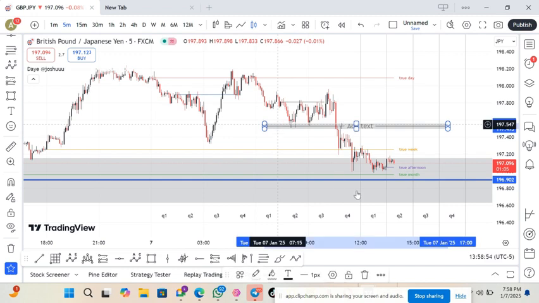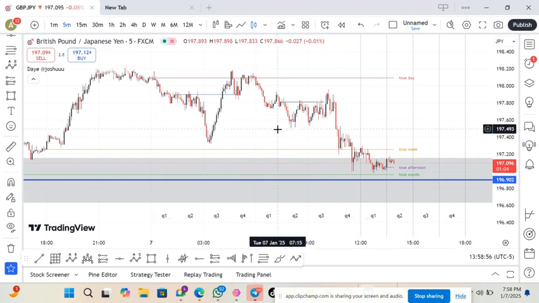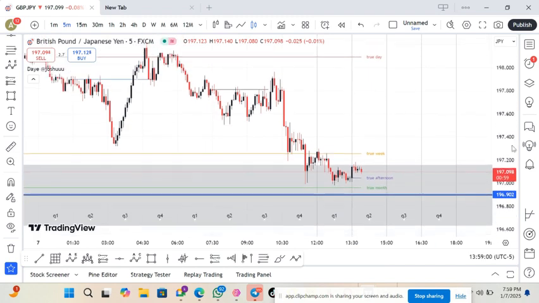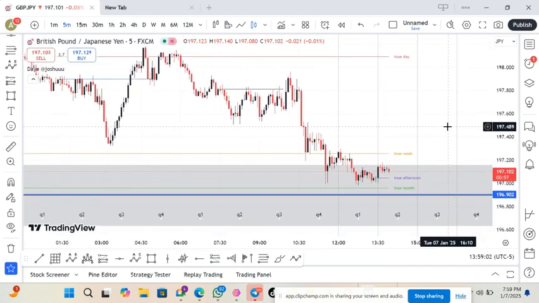Let me take this out. We're going to be using the opening price theory to help us navigate the reversal trade that we're about to take.